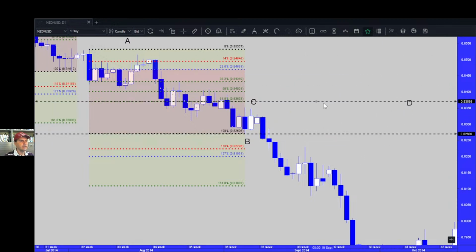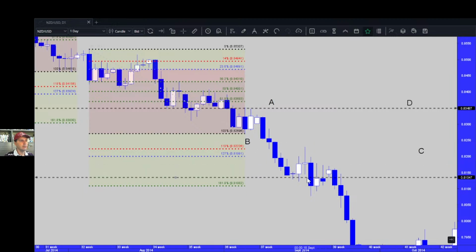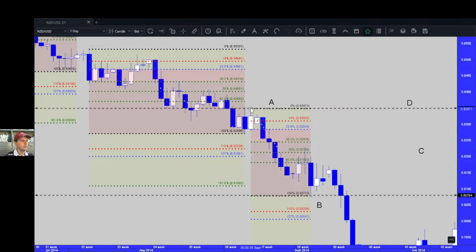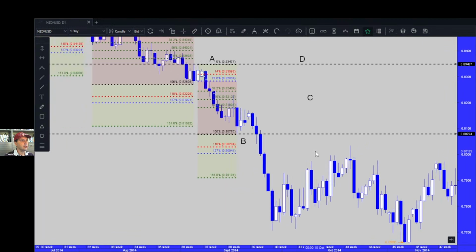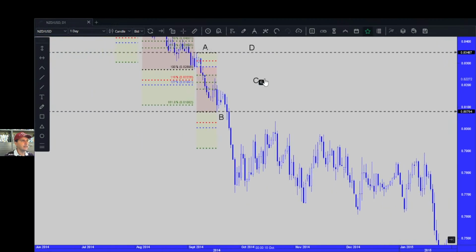So A goes to C, A goes to C, B goes down here, this was the easy one, B goes to D, and Fibonacci retracement tool, there you go. Next one, let me see if the market is going to break me, not yet.